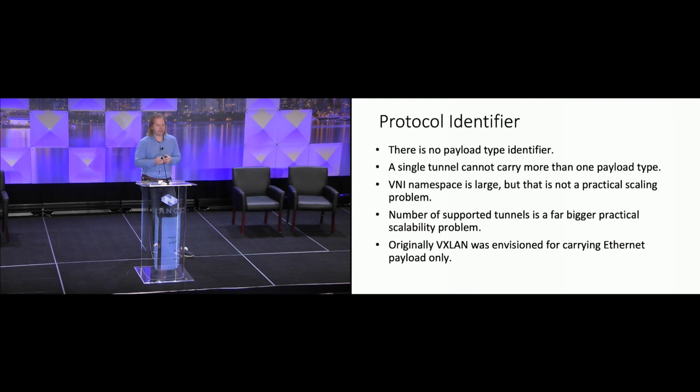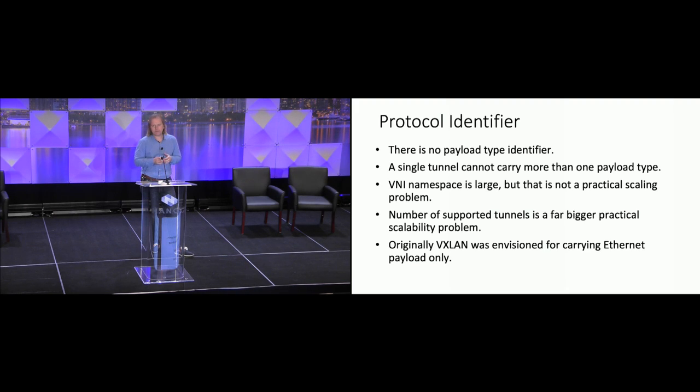And if you need to have further demultiplexing, you need to carry the protocol identifier in the payload Ethernet address, or use some other internal encapsulation within that in order to be able to demultiplex. Certainly that can work. That's not the easiest or the most flexible way to do that.